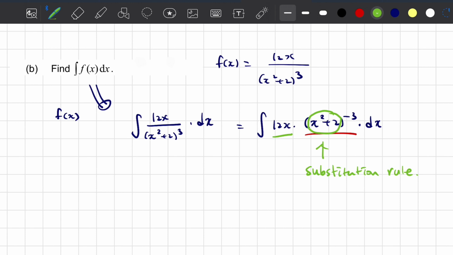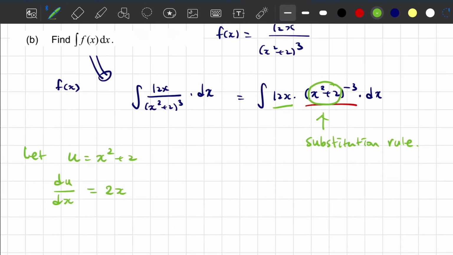Okay, then let's set u as x squared plus 2. So x squared plus 2 is the same as u. Then if we differentiate u with respect to x, this is the same as 2x, right?